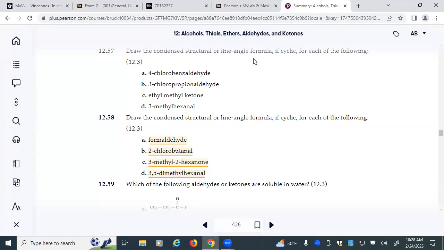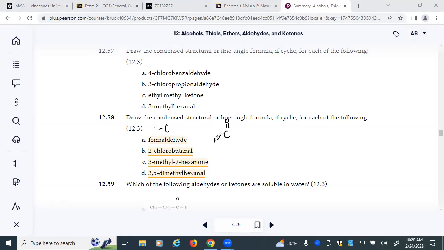All right, so let's see how we're doing here. So first one, formaldehyde. I have to recognize this is an old system name. Again, the old system prefixes: form, acet, propion, butyr. So formaldehyde, I'm talking about a 1-carbon aldehyde.